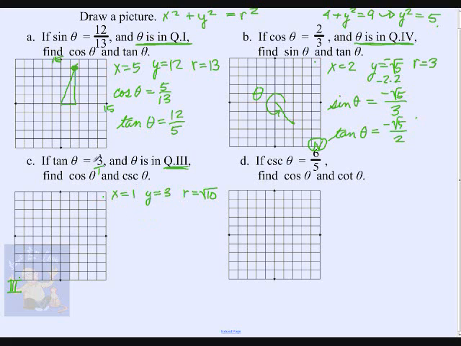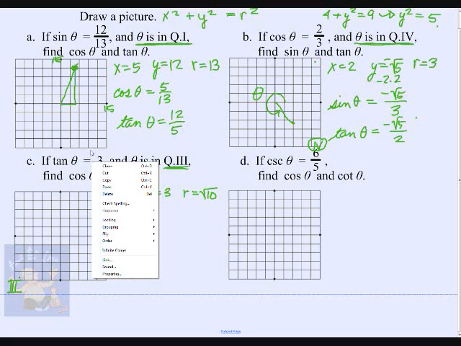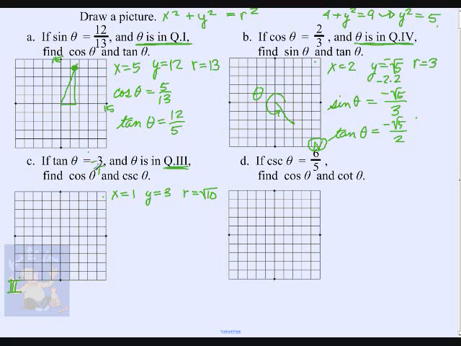It's easy enough, isn't it? If this were negative 3, and this were negative 1, I'd have it, wouldn't I? So that's what it is. It's a negative 1 and a negative 3. So x is negative 1, y is negative 3. Here I am, right there.